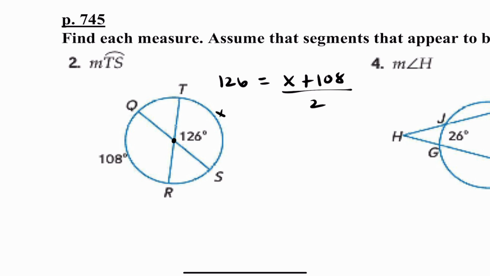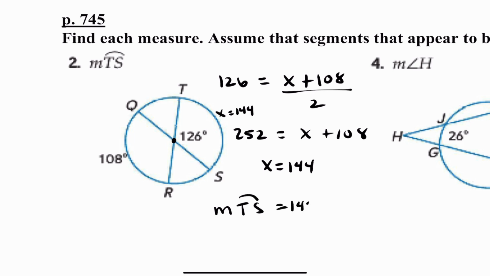So 126 times 2, that is 252. And that is equal to x plus 108. Now, if I were to subtract both sides by 108, that's going to give me what x is equal to. So subtract both sides by 108, minus 108. And x equals 144. So if x is equal to 144 and that's TS, that's what the measure arc TS is.